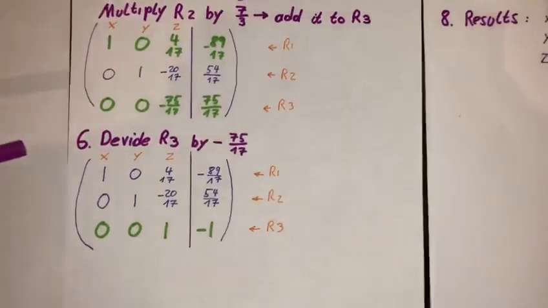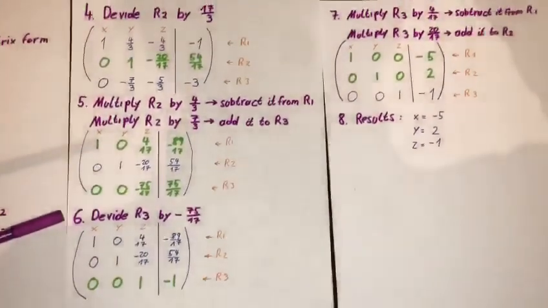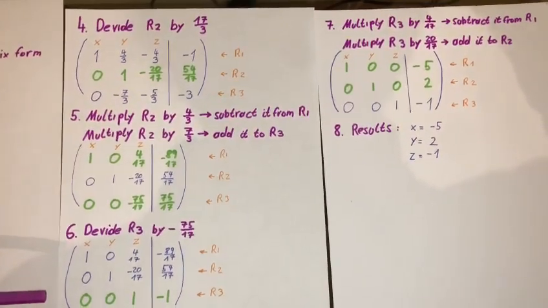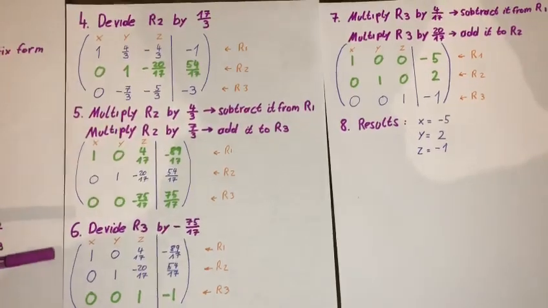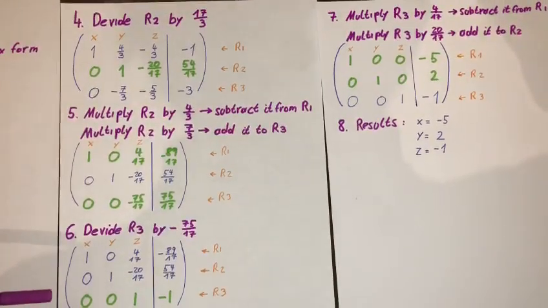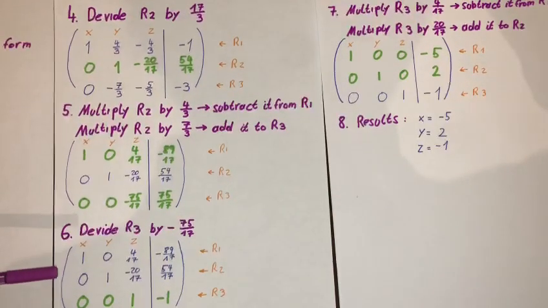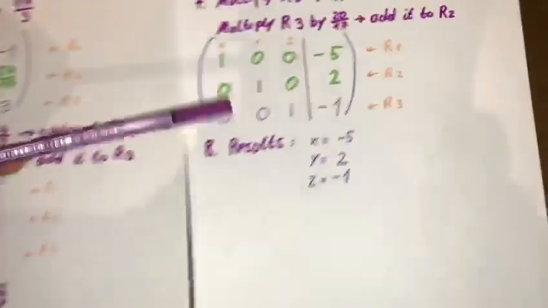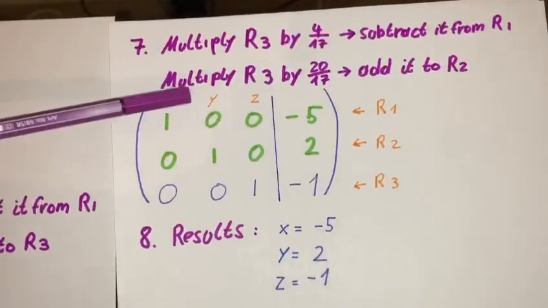So multiply the third row by 4/17 and subtract it from row number 1, and multiply the third row by 20/17 and add it to the second row. This will allow us to get results of 0 here and here, as shown here.